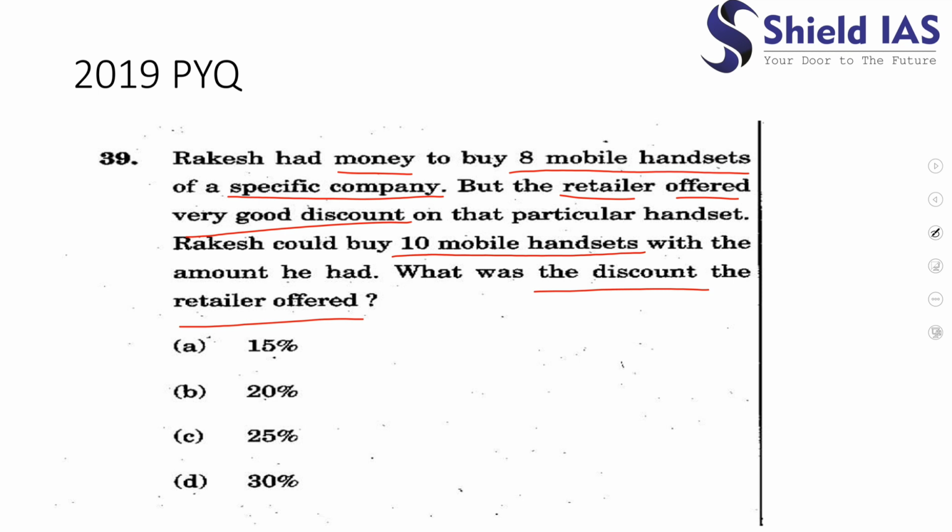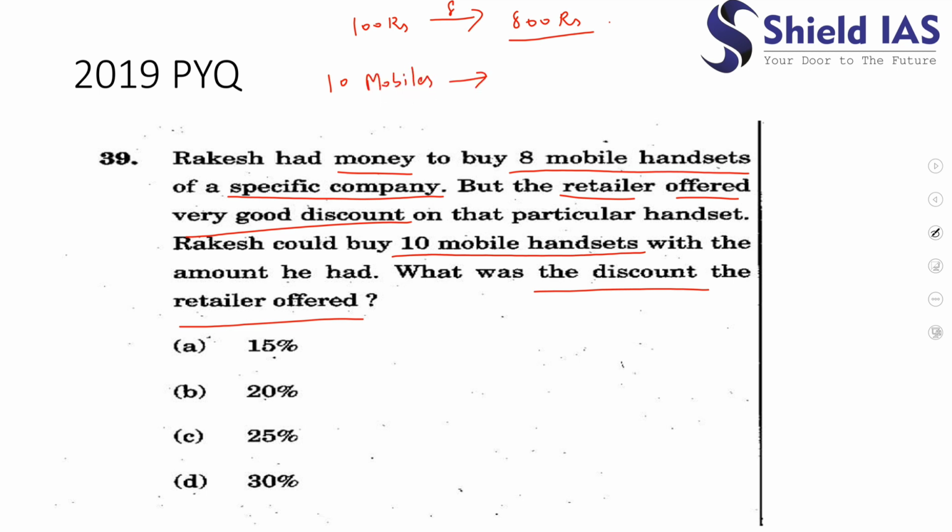So this is the actual question. Let us see this. Let's say each mobile costs 100 rupees. If he is able to buy 8 mobile handsets, that means he has 800 rupees in his pocket. Later on, he is able to get 10 mobiles.